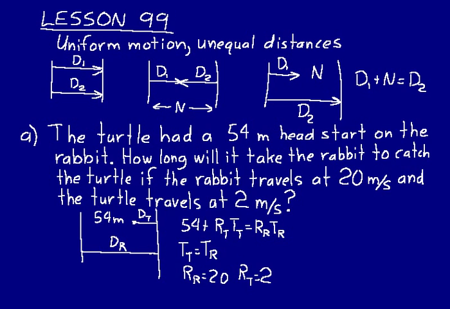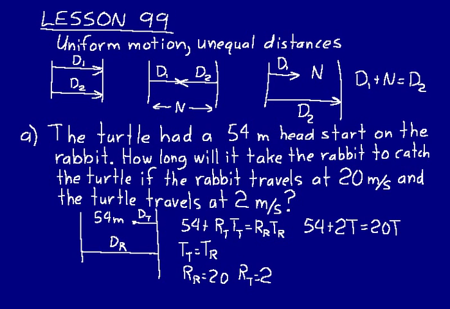So now let's go ahead and substitute into our main equation there. 54 plus r_t t, that would equal 2. So we could just say 54 plus 2 times t sub t. Now the times are equal, so we really don't even need to worry about the subscripts. We can just say 2t is equal to the rabbit's rate of 20 times t. And we can solve for the time now.